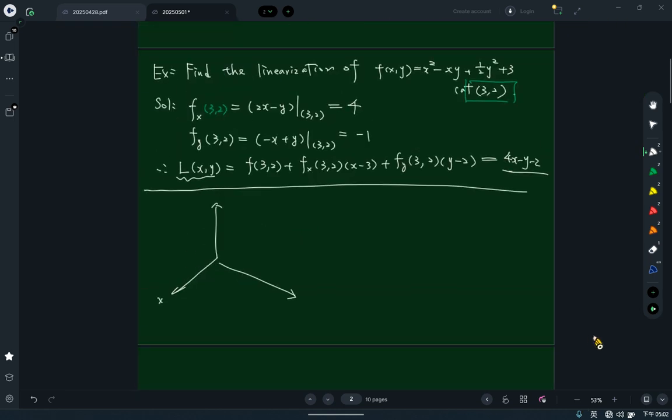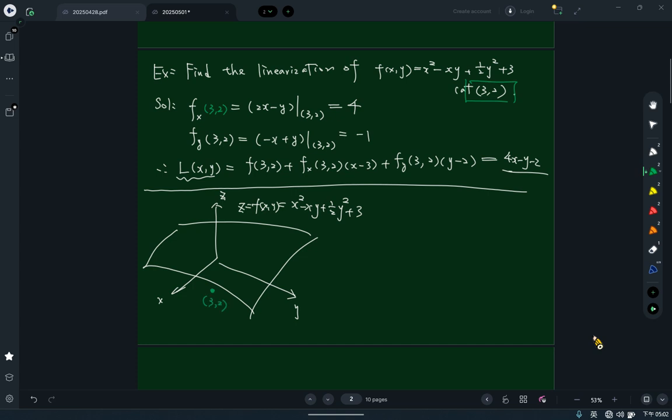So this is S, this is Y, this is Z. I assume this is f of (s, y) equal to z equal to s squared minus sy plus 1/2 y squared plus 3. At this point, this is (3, 2), right? Focus on this one.